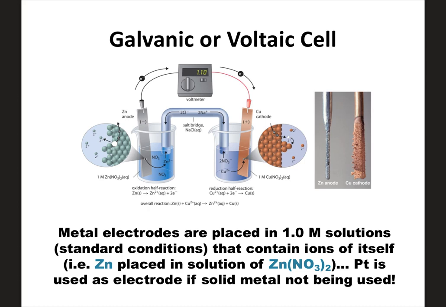If we were using a gas or we were doing ion to ion, you might see platinum or graphite being used as the electrode. Just realize that's an inert electrode and we're using that because we are actually looking at something else like a gas or doing ion to ion here. So just be aware of that and definitely understand that these metal electrodes need to be in 1 molar solutions that have the ion of itself in there.